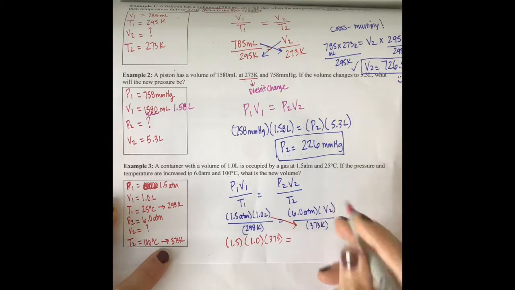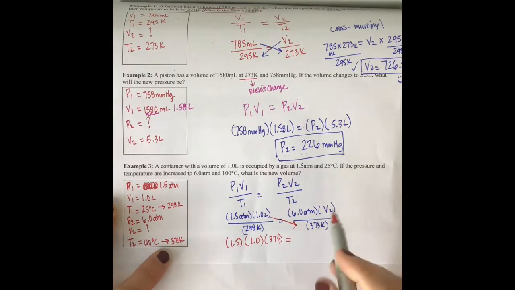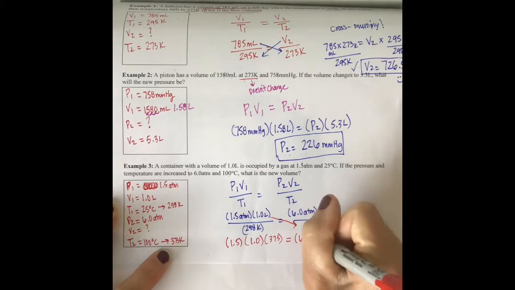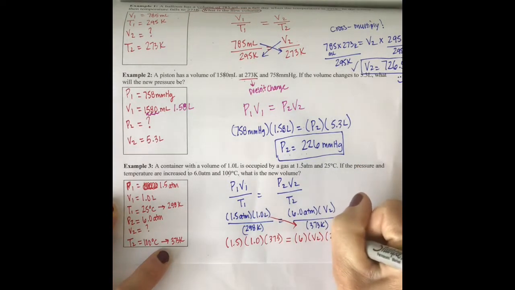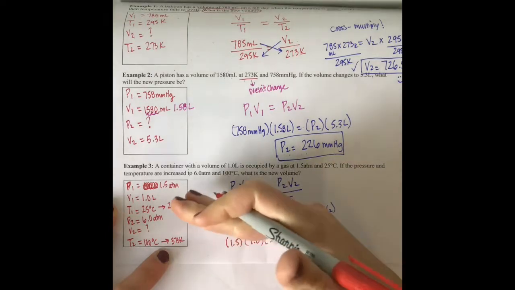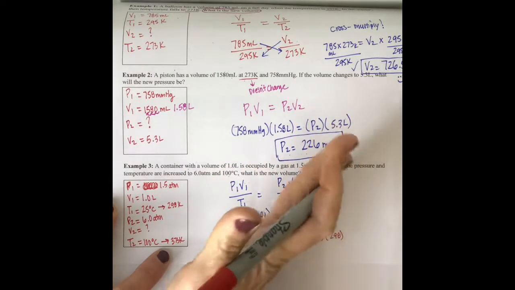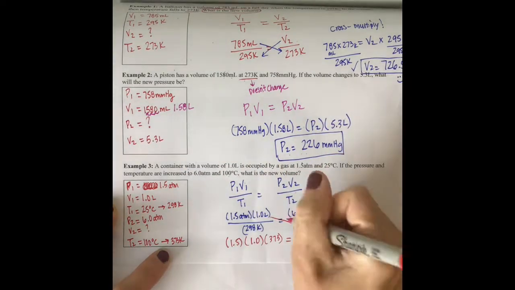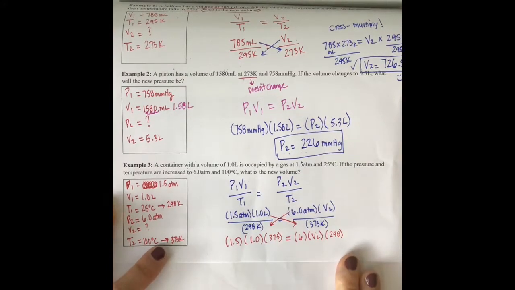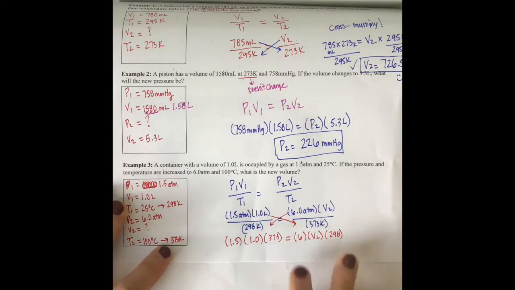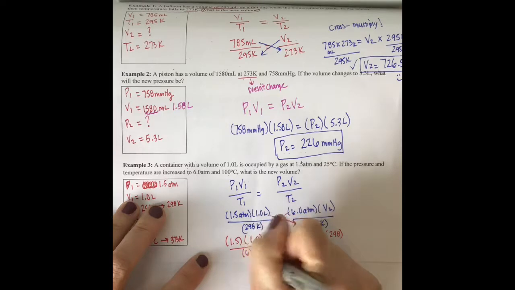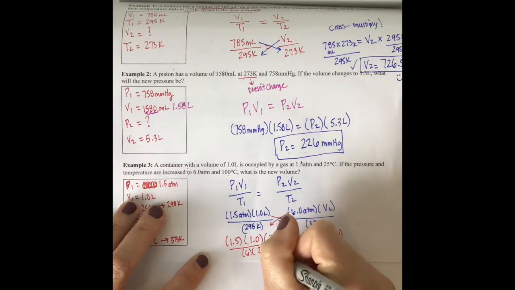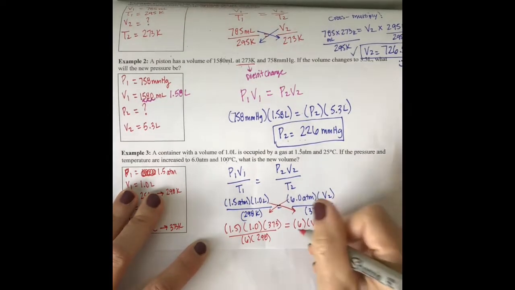And I'm going to set that equal to the other side: 6 times V2 times 298. Okay, you're multiplying this side, setting it equal to that side. That's what cross multiplying is. Okay, and then in order to solve for V2, you just need to move your variables down to the bottom. So we're going to divide by 6 and divide by 298. Okay, and that will leave V2 by itself.